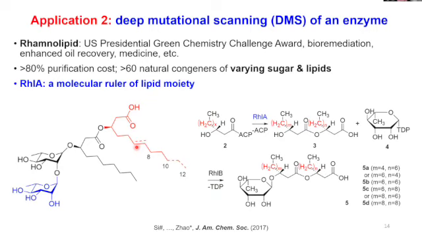The chain length is primarily determined by the enzyme RhlA, which synthesizes these acyl parts. So our purpose is to use protein engineering to control the substrate specificity of RhlA, so we could produce one major molecule.